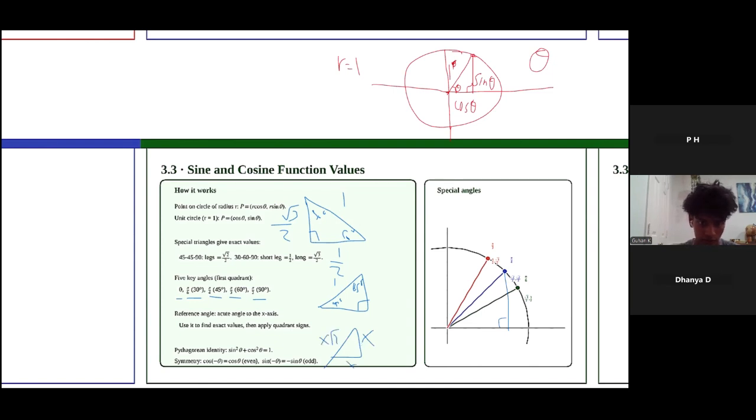So it's going to be 1 over root 2, 1 over root 2, which the sine and cosine are always going to be equivalent for the 45 degrees. But one caveat to that is the multiples of 45 degrees. Let's say if you go to 135 degrees, which is a multiple of 45 degrees, it's still going to be 1 over root 2 and 1 over root 2, except cosine is going to be negative because it's on that side of the axis.